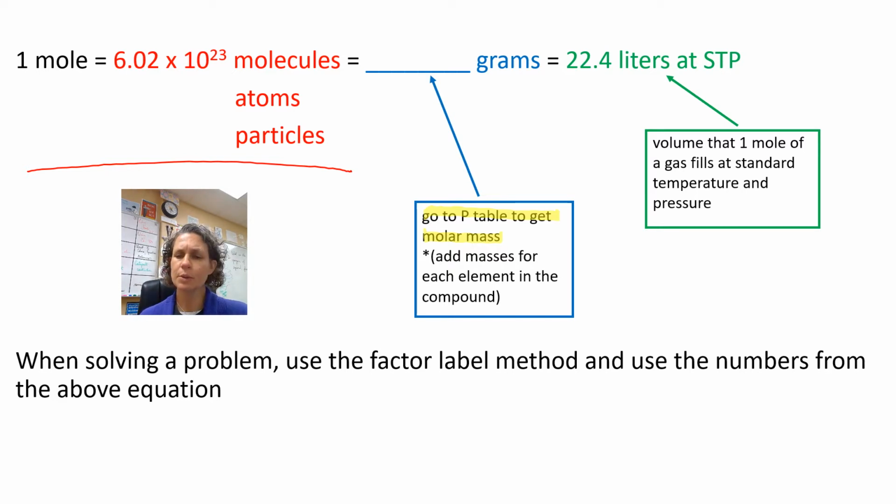And it's really important to be able to do that because that's what we measure things in. That's what our scales are set to. And so we don't have anything that measures molecules, but we definitely can measure grams. And then the last quantity that we can find is in liters. They determined that 22.4 liters is the volume that 1 mole of a gas would fill at standard temperature and pressure.